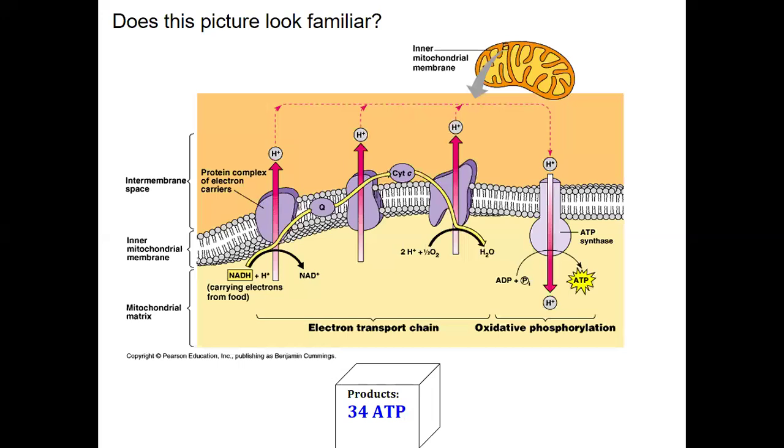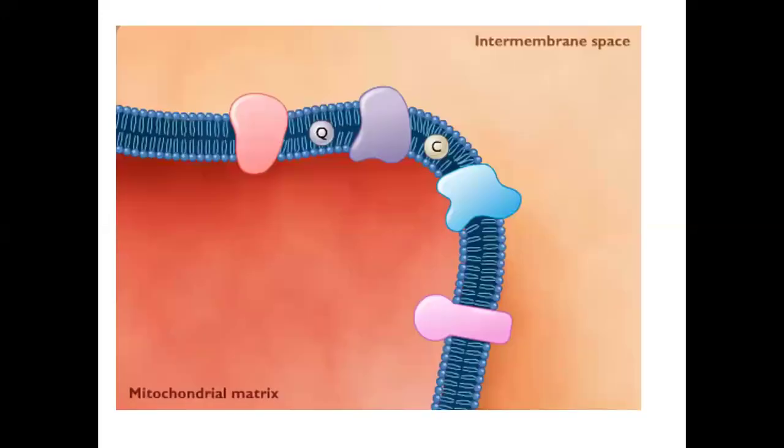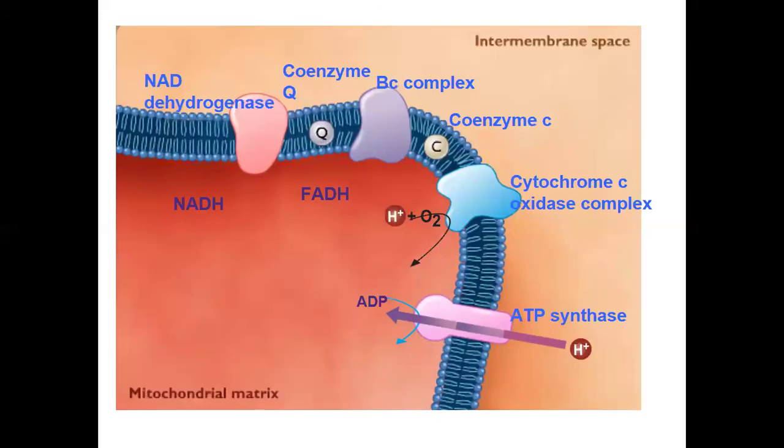We have the inner mitochondrial membrane, then the mitochondrial matrix, which is the inner part. The coenzyme Q helps to carry electrons from complex 1, that's NADH dehydrogenase, to complex 3. Then another electron carrier, cytochrome c, carries electrons from complex 3 to complex 4.